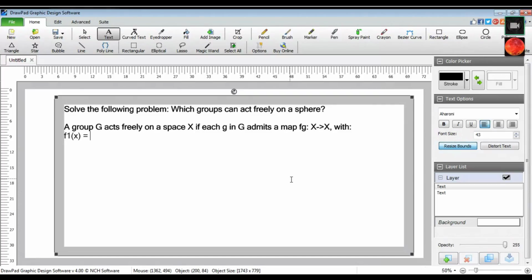First, F_1 of x is always x, and F_g of F_h of x is F_gh of x. And the free action means that if g is not 1, then F_g of x is never equal to x. Which means the only map that actually has a fixed point is the map that is induced by the neutral element. And we want to ask ourselves which finite groups can act on a sphere.